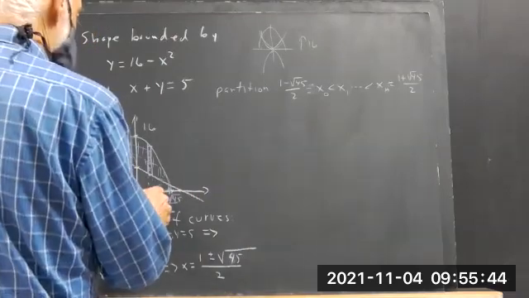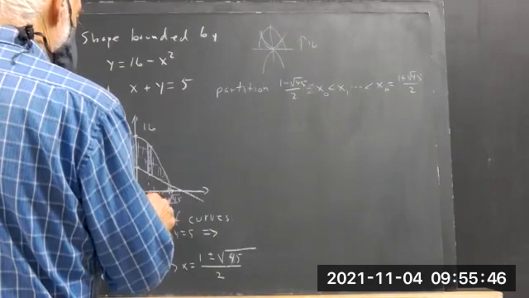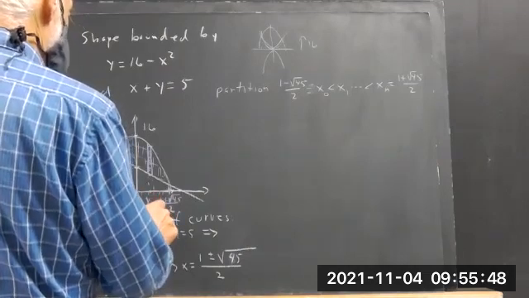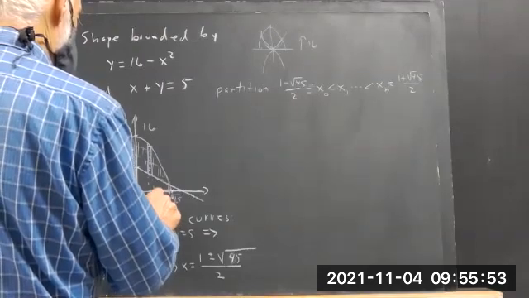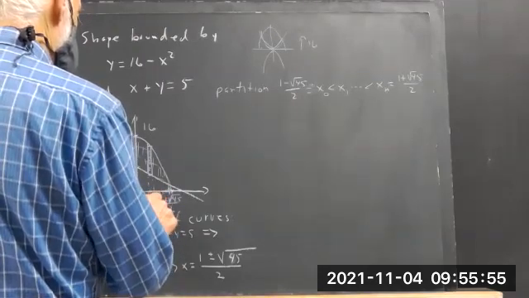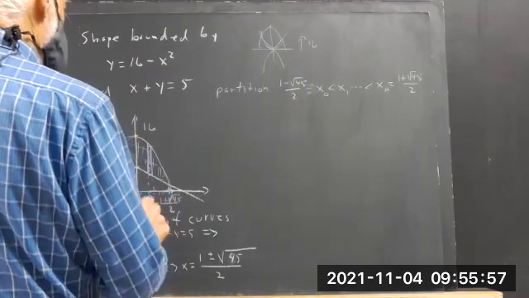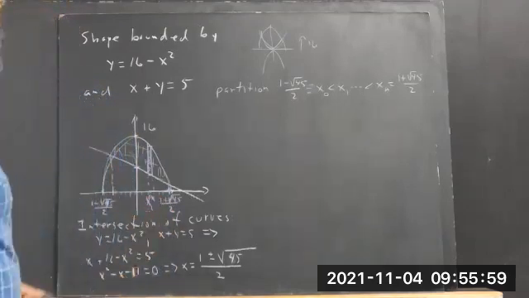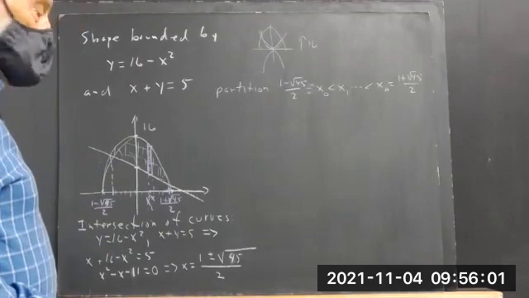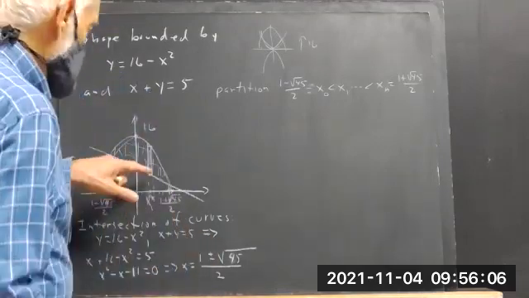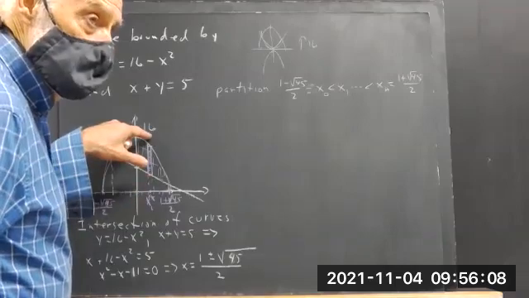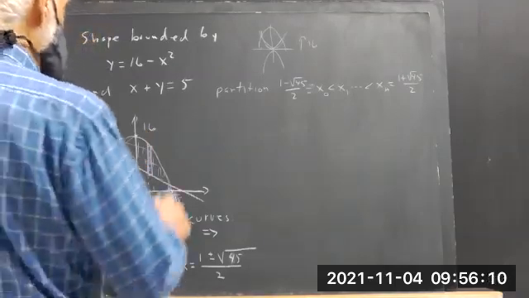Well, if this is xi star here, we'll label it there, but there's your xi star. Then your y value goes from this curve to this curve, right?